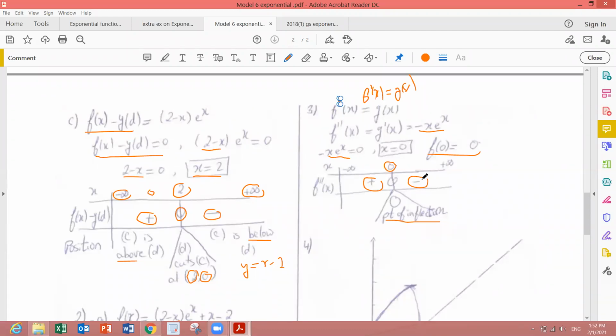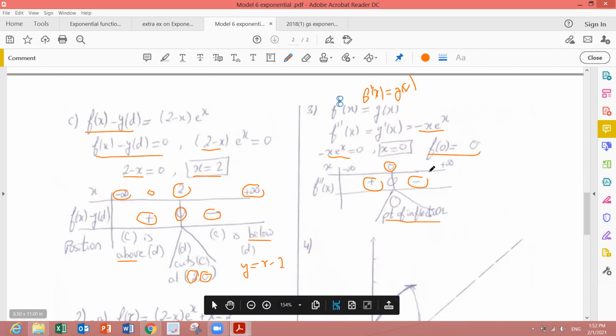Whenever f prime changes sign, there is either a maximum or a minimum. If f double prime changes sign, there is a point of inflection. What does changes sign mean, sir? From positive to negative at 0, the second derivative changes sign from positive to negative or from negative to positive. Here it changes sign from positive to negative.